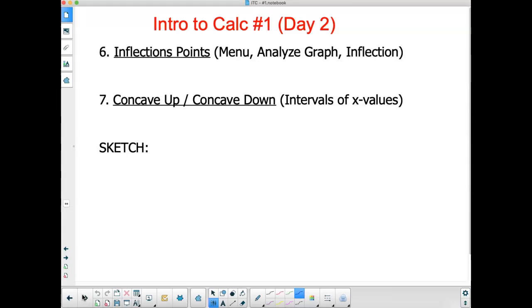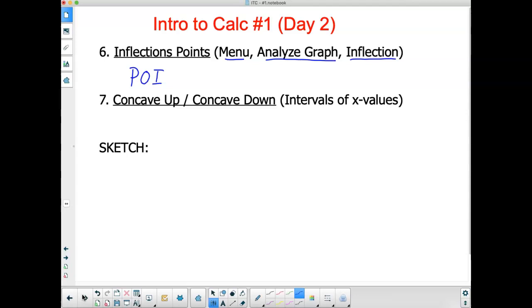Just like when we talk about inflection points, how you're going to find them in your calculator is you're going to hit menu, analyze graph, inflection, and our calculator will go in. We'll do that here in a second. But what the heck is a point of inflection? That's just how we shorthand them here in calculus. We call them POIs.